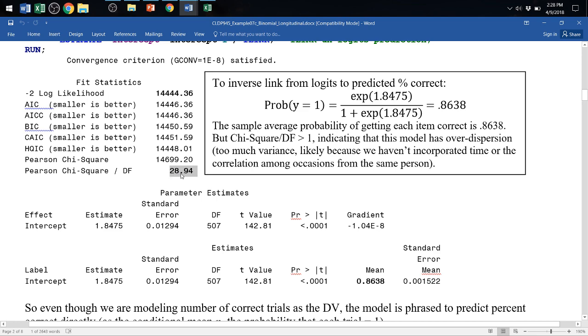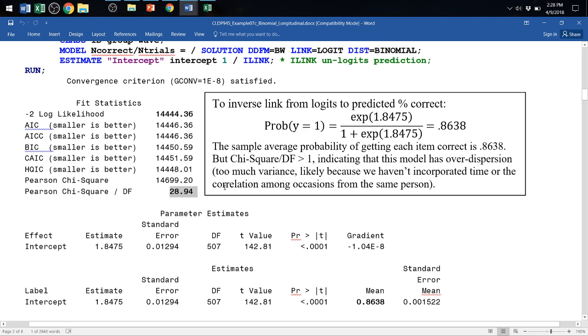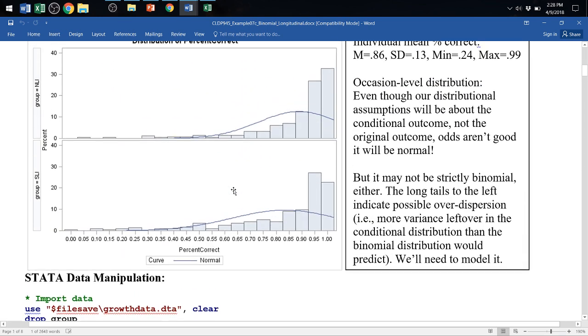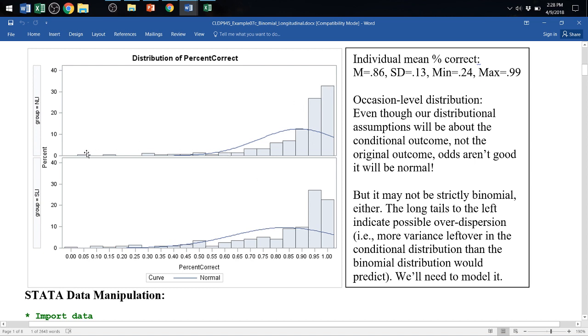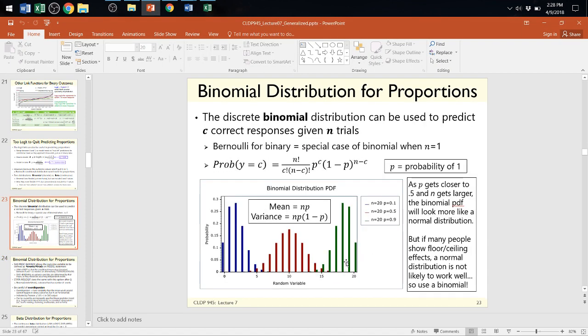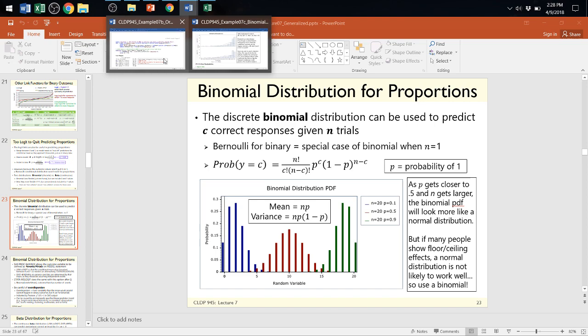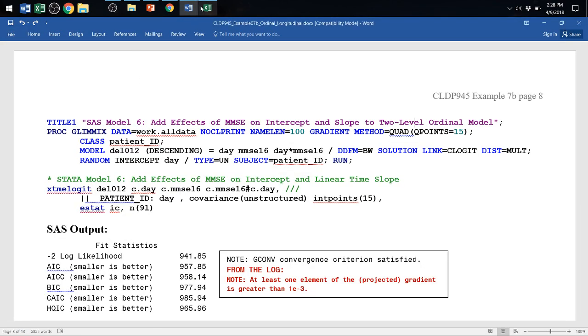The term for that is over-dispersion. If you look at the picture, you see these tails down here? These are people that the model does not think should be down here. You compare that to these predictions, it doesn't expect these tails to keep going. So there's more variance here than what the binomial model per se thinks there should be. That's called over-dispersion, and we have to build something into the model to be able to deal with it.